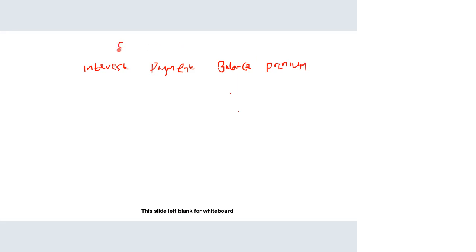So we are just preparing a bond amortization schedule. Because we are using the straight line method, you'll indicate there, straight line method bond amortization schedule, and we are preparing this when the bond is issued at a premium.